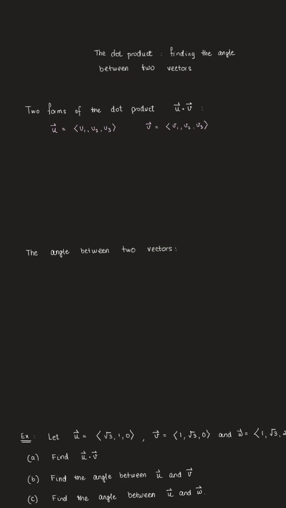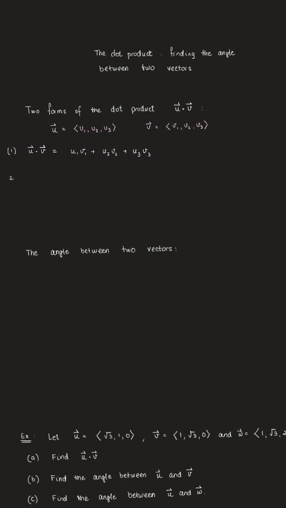Then our first definition of the dot product was that we can obtain it by multiplying corresponding components of the two vectors and adding. That would give us u sub 1 times v sub 1 plus u sub 2 times v sub 2 plus u sub 3 times v sub 3. And this was our first form of the dot product.